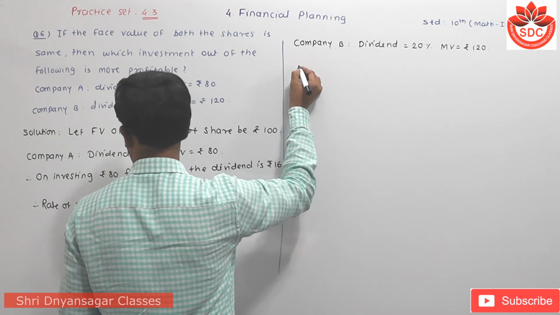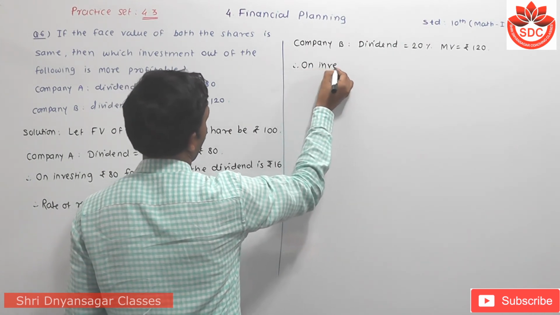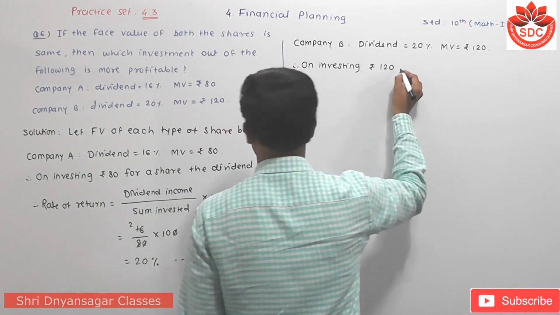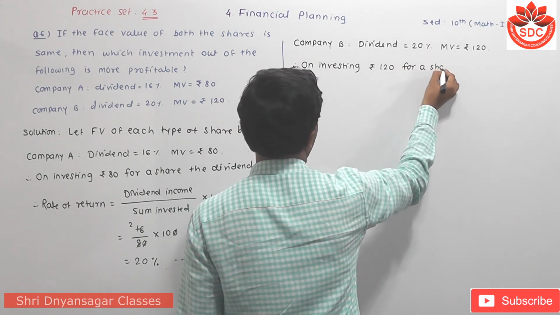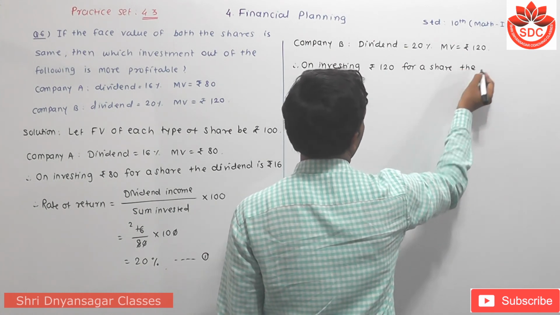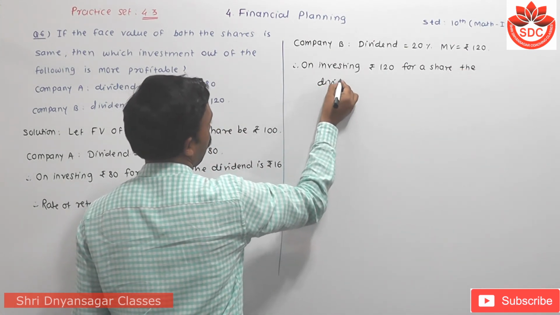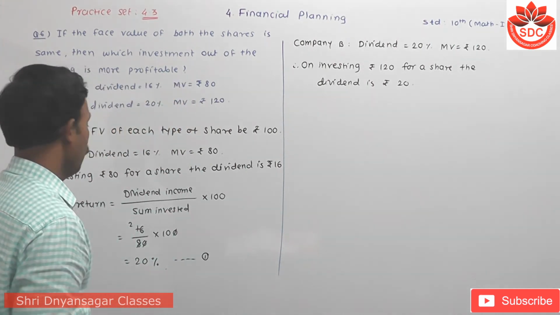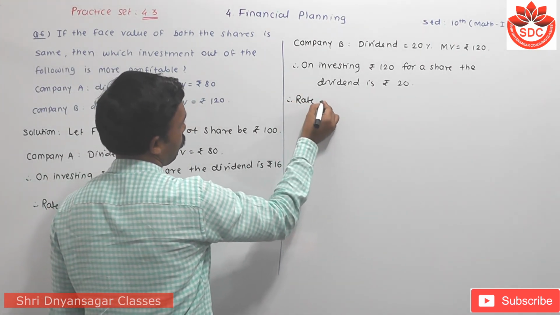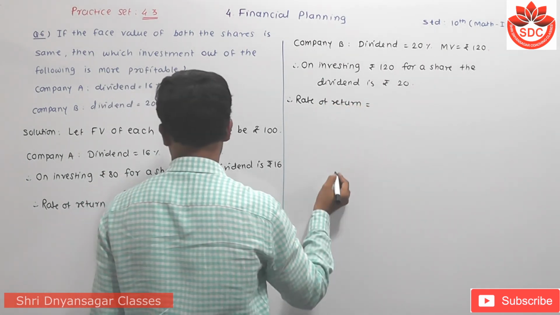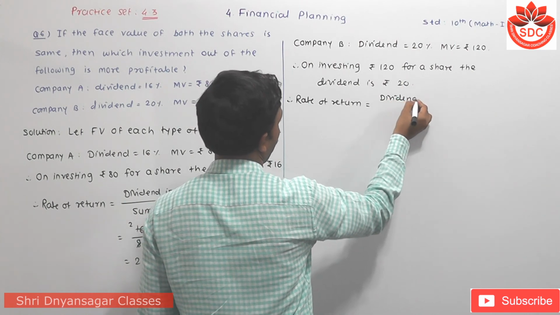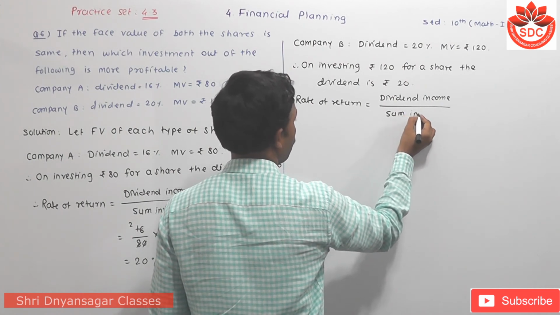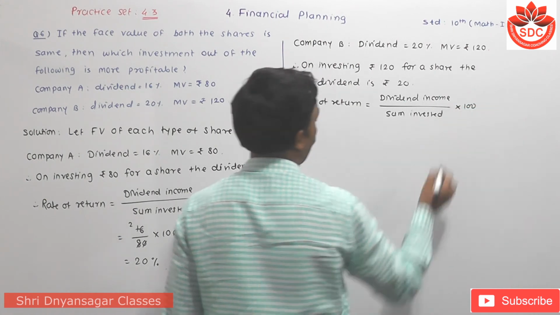Therefore rate of return is equal to dividend income upon sum invested into 100.